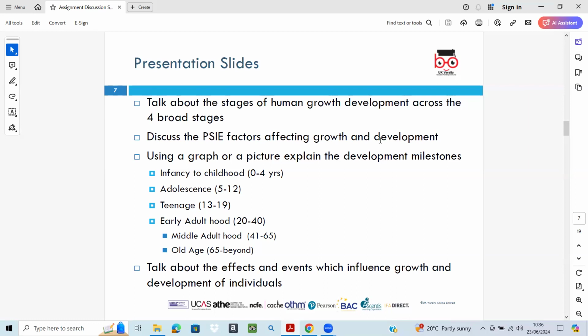Also we need to provide examples of each factor and its impact on individuals at different life stages. So these all are the important aspects related with the presentation slides.